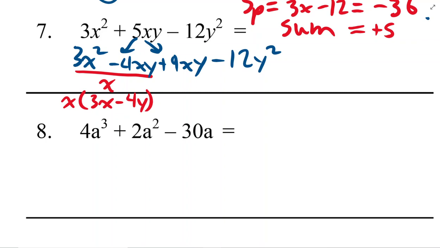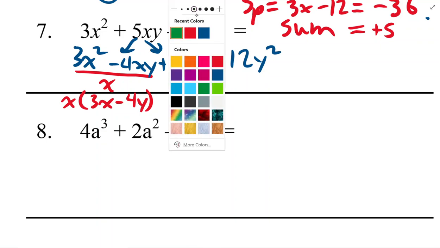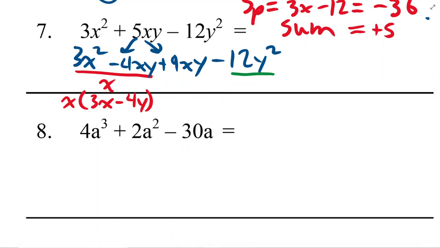Okay. What about the back? Oops, it's a little thick. What's the GCF that you can take out of the back? Yeah, 3y. So it's plus 3y. And what goes in brackets? What's the remainder?